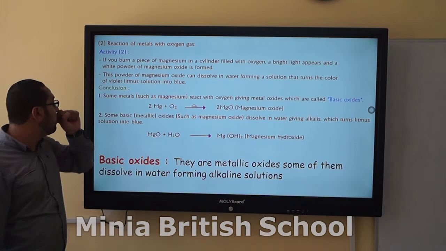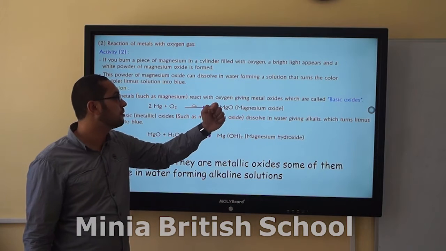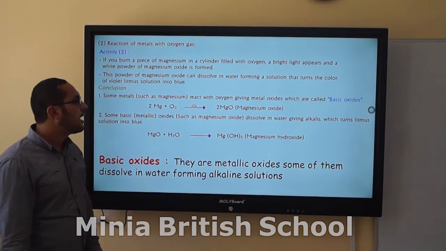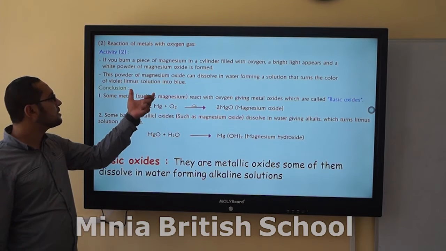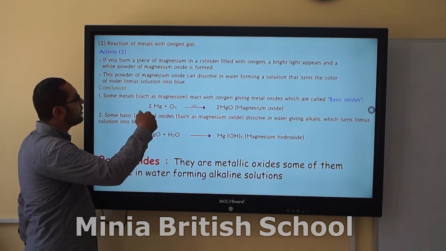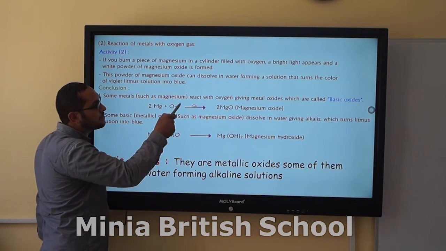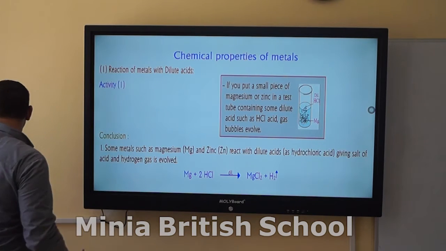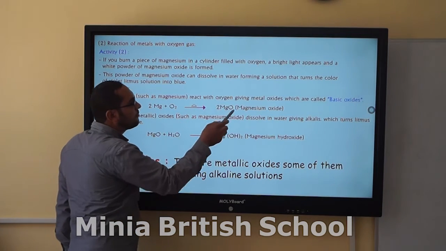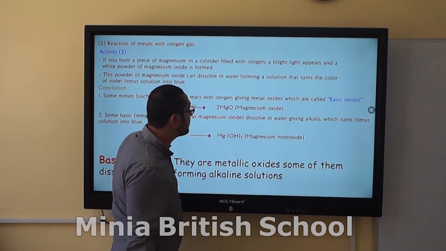This powder of magnesium oxide can dissolve in water, forming a solution that turns the color of violet litmus solution into blue. Here, magnesium reacts with oxygen in air, forming MgO, or magnesium oxide.